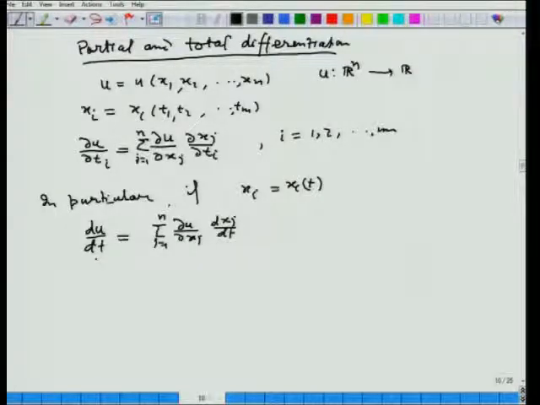So u itself becomes a function of the single variable t, and therefore this partial derivative reduces to an ordinary derivative, which is known as the total derivative here.